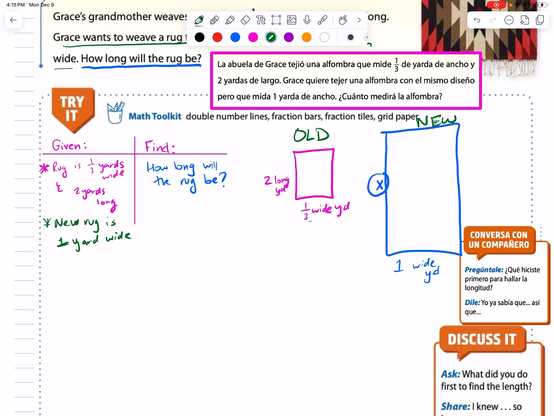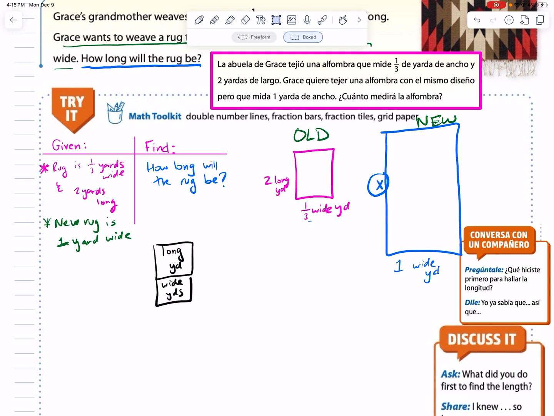The way that we can do this is that I personally like using a table. We'll do how long it is in yards, and then how wide it is in yards.